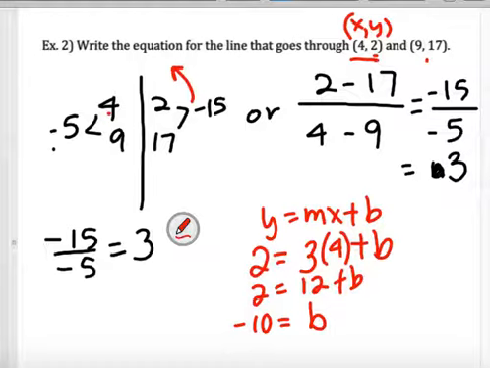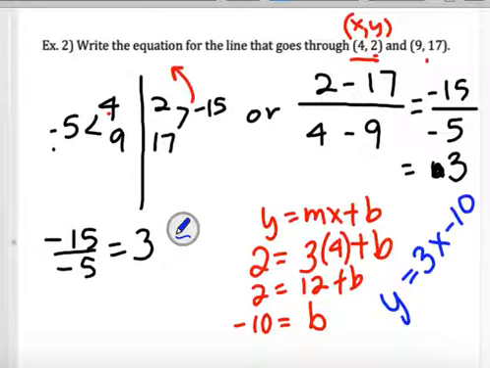So my final equation would be y equals 3x minus 10. Or if you're in that habit, you could write y equals negative 10 plus 3x. Okay? So this is formalizing how to find that starting point, giving you 3 different options. So that concludes section 8 notes.